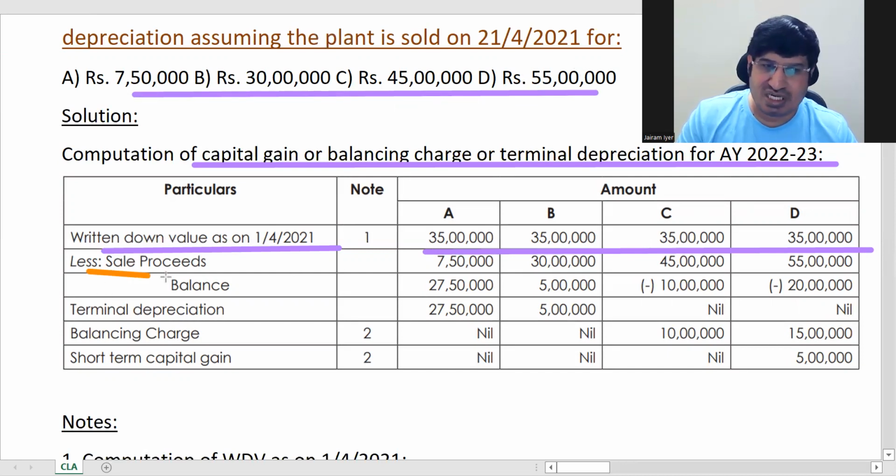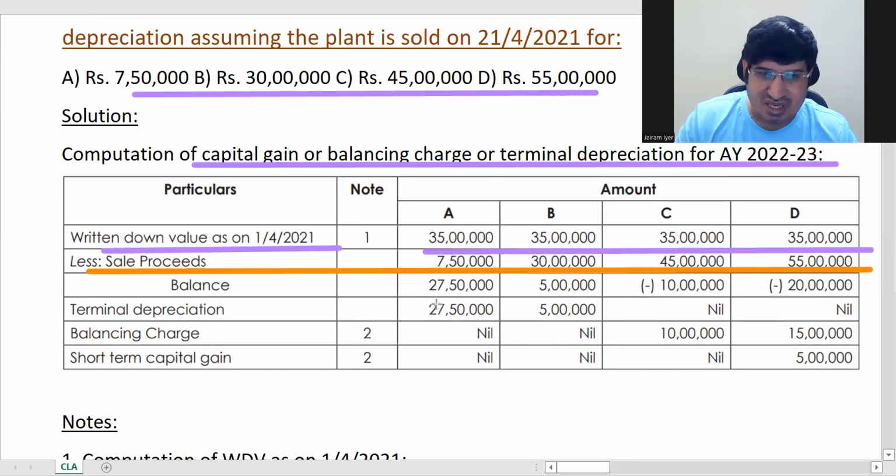Less sale proceeds, just deduct the sale proceeds from the written down value. Here the balance is 27,50,000. Your written down value was 35 lakhs, you sold it for 7,50,000, so your loss is 27,50,000. This is nothing but your terminal depreciation.